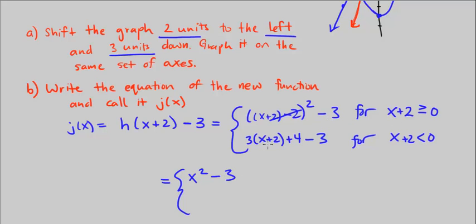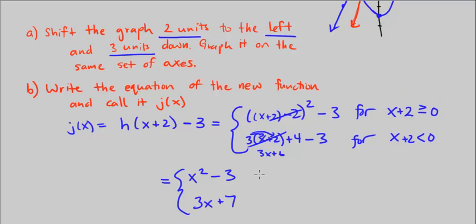And here, let's distribute that 3, so we get 3x plus 6, and then we have plus 4 minus 3. Combining like terms, 6 plus 4 is 10, and 10 minus 3 is 7. So that's going to be 3x plus 7.